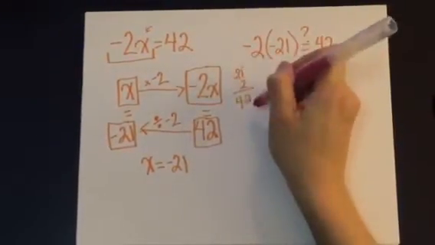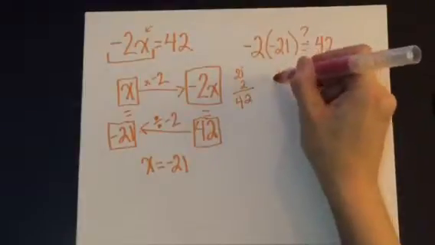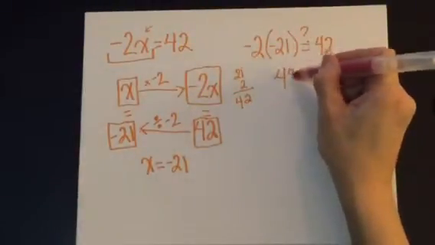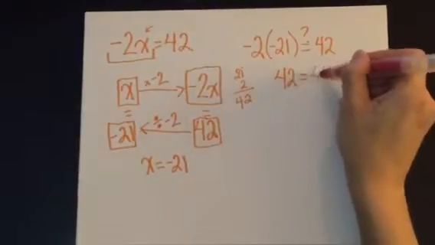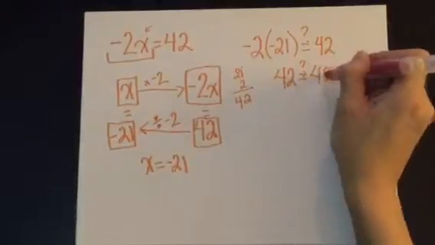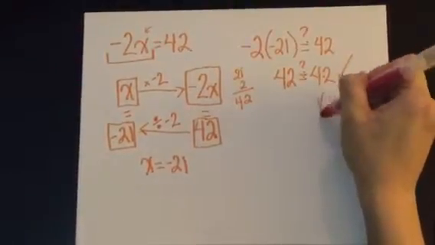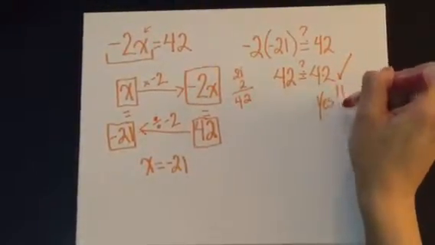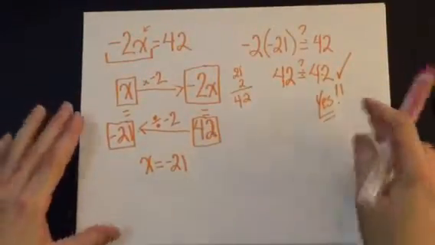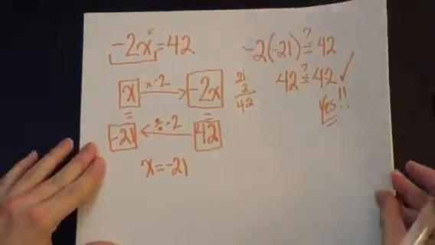So negative 21 times negative 2 is 42. And is 42 equal to 42? Yes, it is. So our solution to this equation is x equals negative 21.